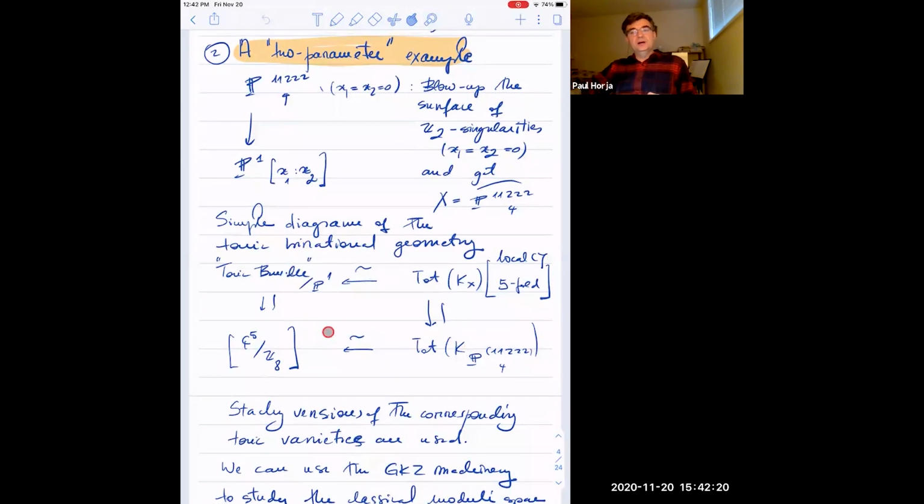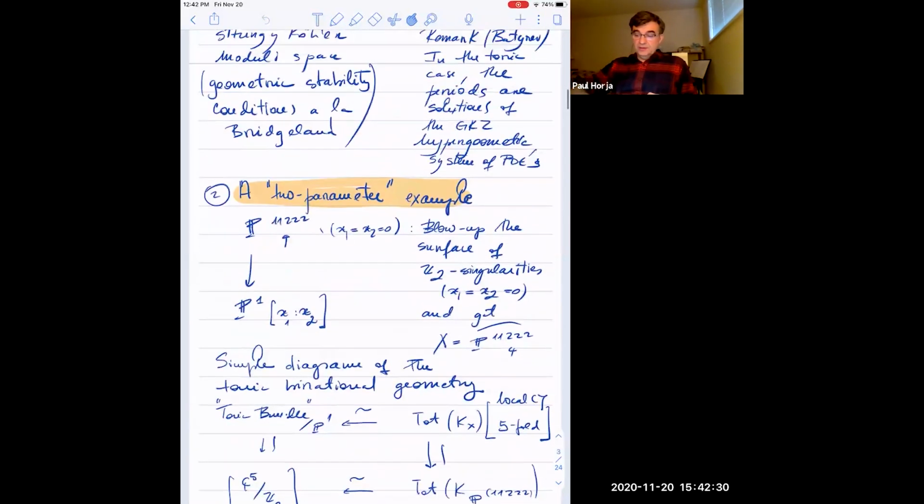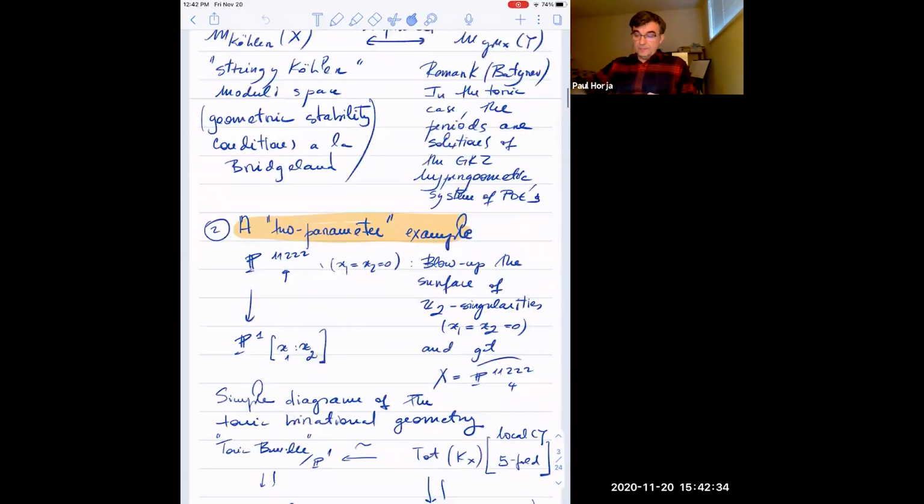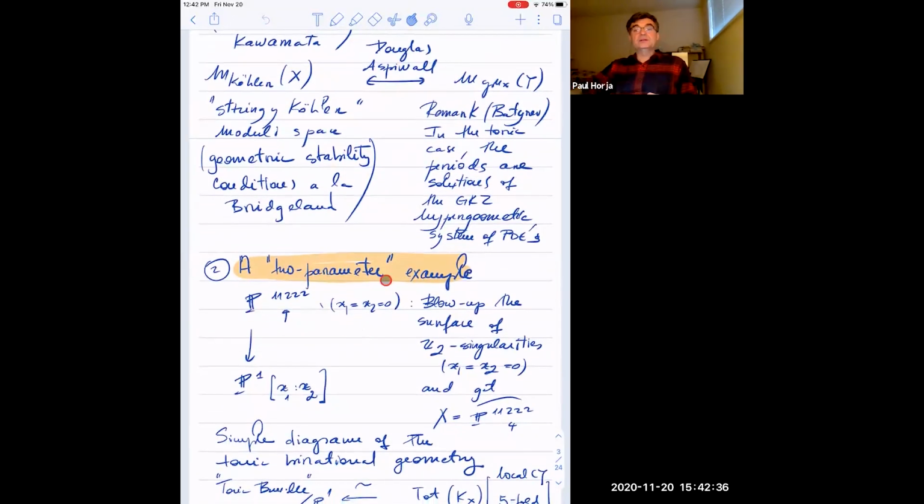And even for this example, in fact, there are tremendous complications if you want to understand this identification of the Kähler space and the complex space: the stringy Kähler moduli space, and the complex moduli of the mirror.